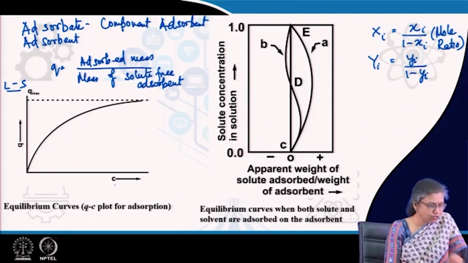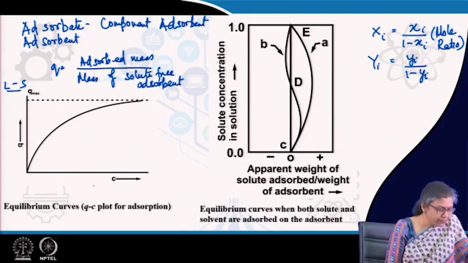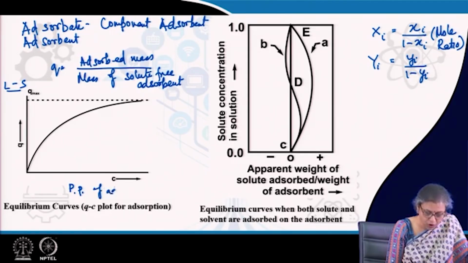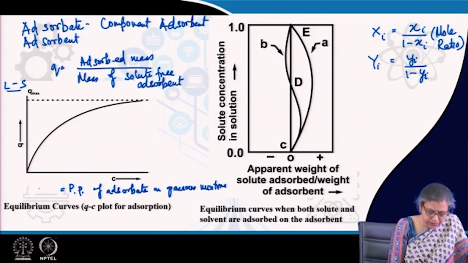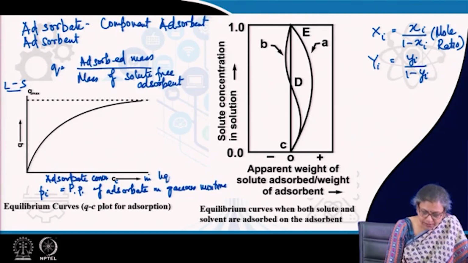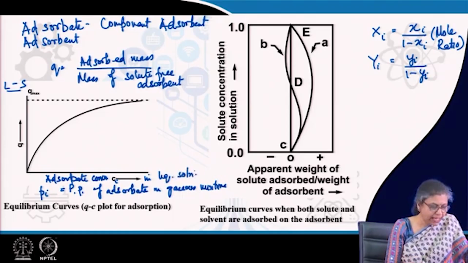So, it is shown in terms of Q versus C, where this concentration can be either P, if it was a gas, then it would have been the partial pressure of the adsorbate in the gaseous mixture, denoted by Pi, and for the liquid solid case it is denoted by Ci, which is the adsorbate concentration in the liquid solution from where the component has to be adsorbed.